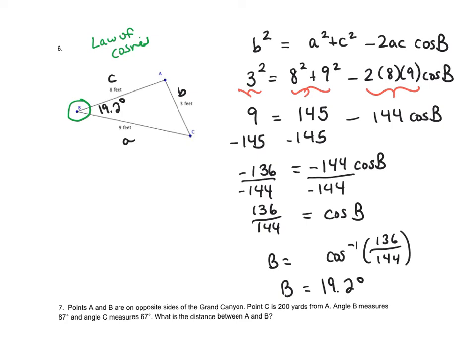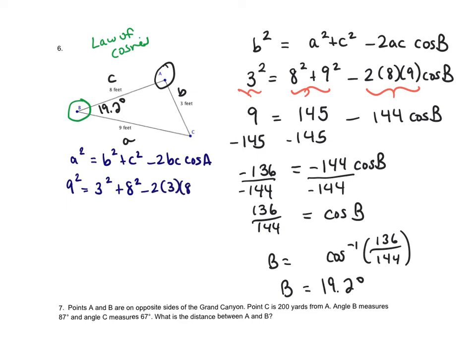So now I have to do the same thing one more time to find either A or C, and then I can do 180 minus. So we'll set up finding A, and then I'll let you do it. We won't put all the work here. But we'll start with A. So A squared equals B squared plus C squared minus 2BC cosine A. So A squared is 9 squared equals 3 squared plus 8 squared minus 2 times 3 times 8 cosine A. So go ahead and work it out like we did the previous one.